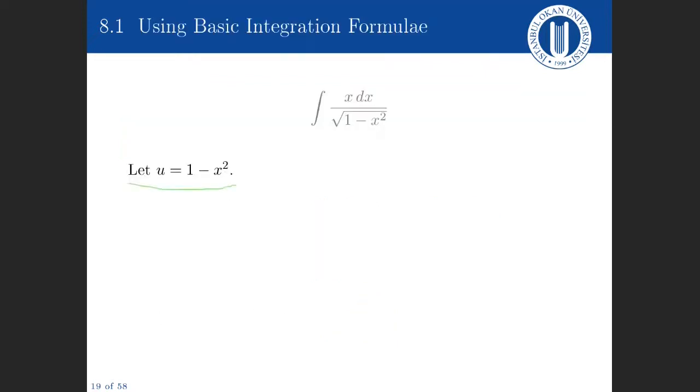We're going to use the substitution, u is equal to 1 minus x squared. Then du, which is du dx dx, is minus 2x dx. Dividing by minus 2, minus a half du is the same as x dx, which is what we have up here.